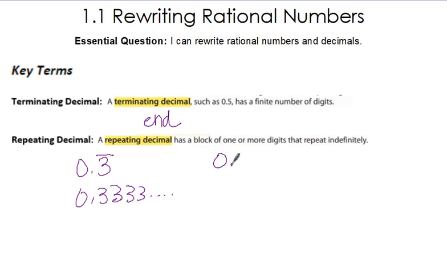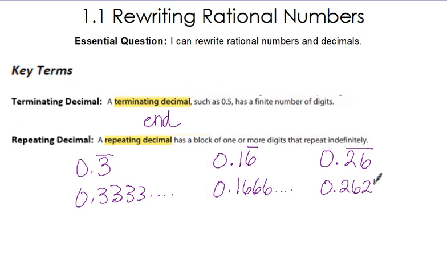But it also could be something like this, where only one of the digits repeats. It could be something like this, where multiple digits repeat. Okay, so make sure you get those examples all copied down, because that'll help make sure you understand that definition.